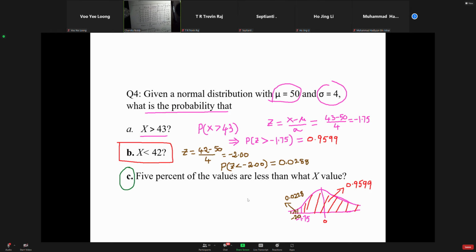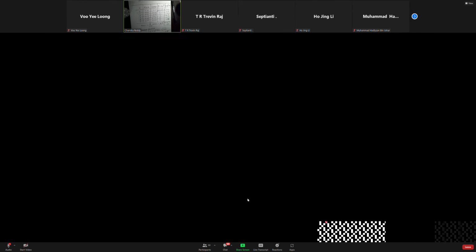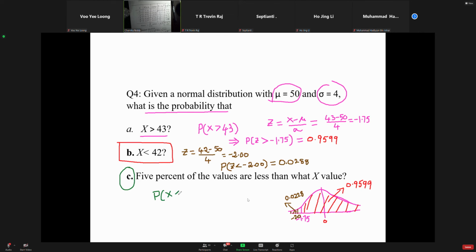So 5% of the values means what is the probability of X less than A. For this 0.9599, you have to refer to the probability of Z greater than minus 1.75.